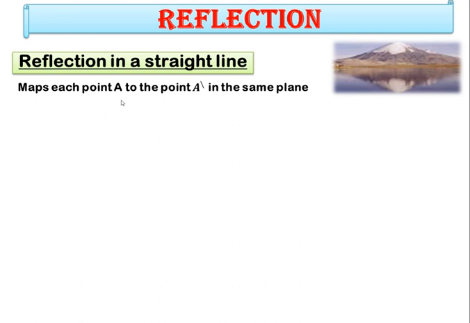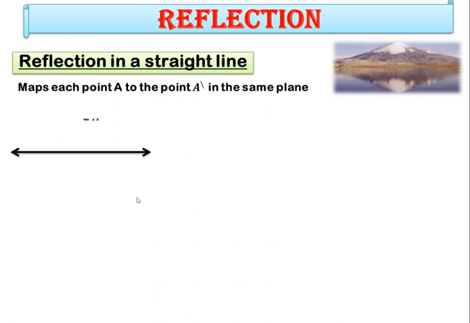A is the original point, and A dash is the image of the point A. We have three types: the image of a point, the image of a line segment, and the image of a figure or shape, a geometrical figure.